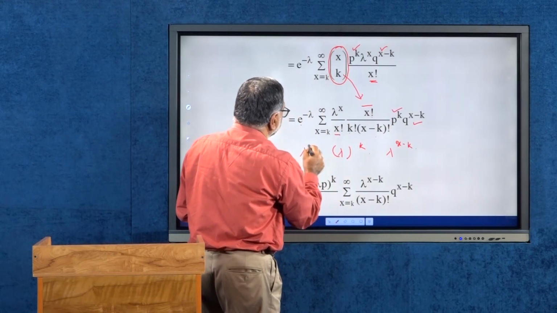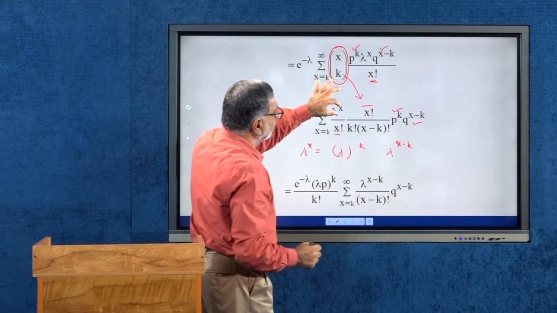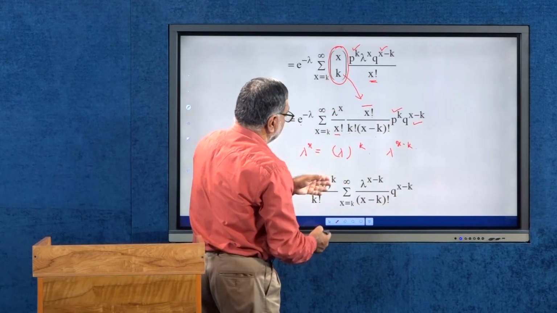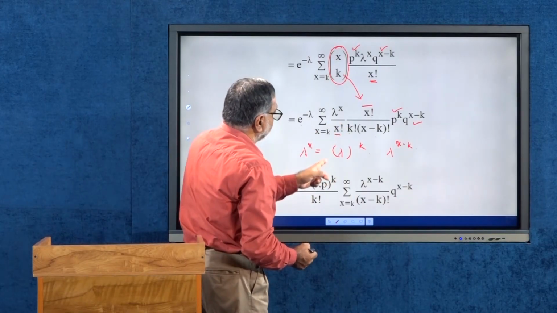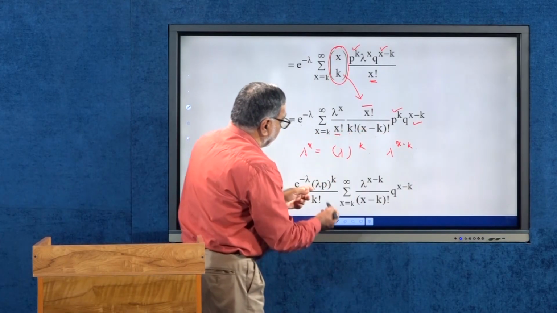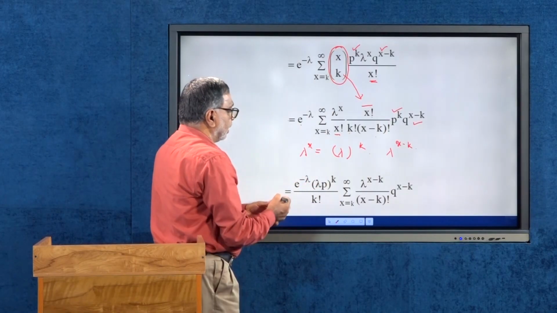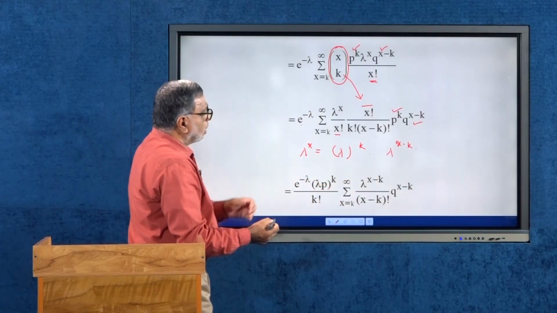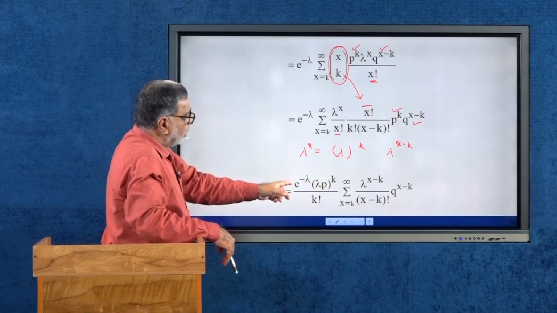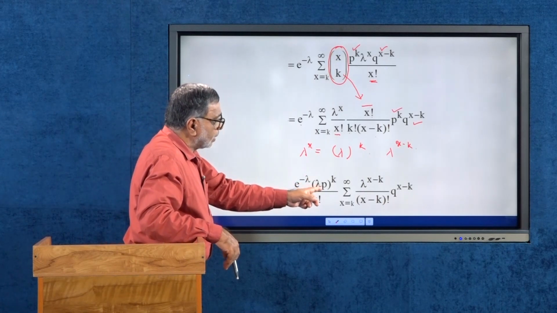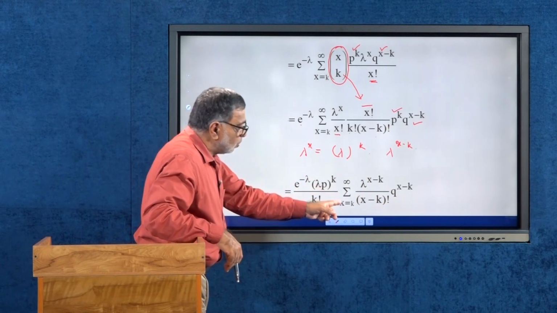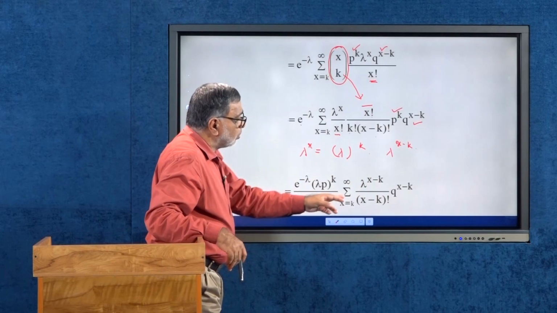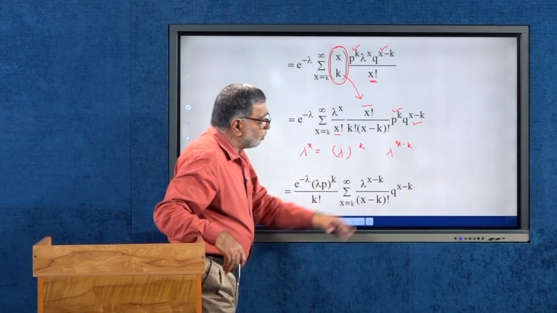This lambda power x is written in the form lambda power k into lambda power x minus k. So lambda power k and p power k combine to give lambda p all power k divided by k factorial, into the remaining factor. So e power minus lambda, lambda p power k divided by k factorial, into the sum over x equal to k to infinity of lambda power x minus k divided by x minus k factorial, q power x minus k.